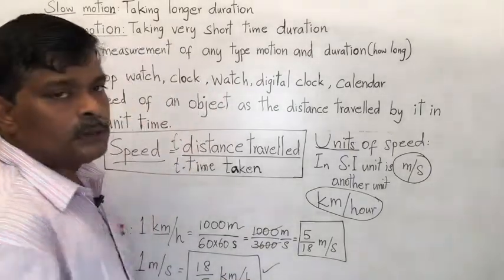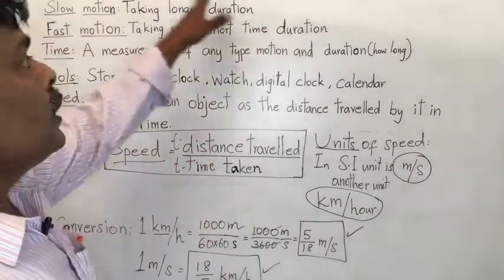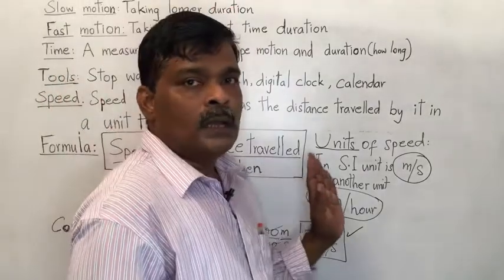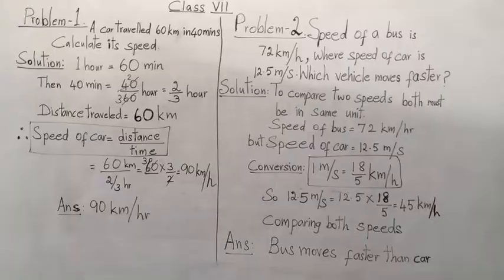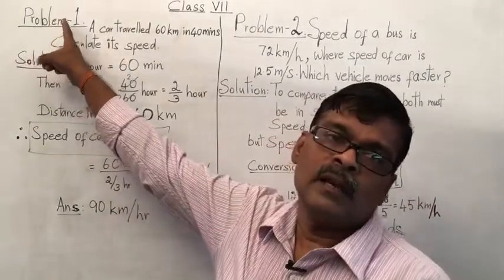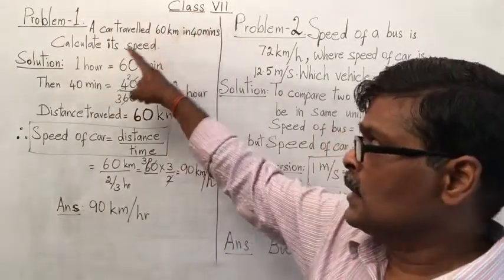Now we understood slow and fast motion, and speed and time of the motion. We will continue with the problems given in our class 7 lesson, motion and time.